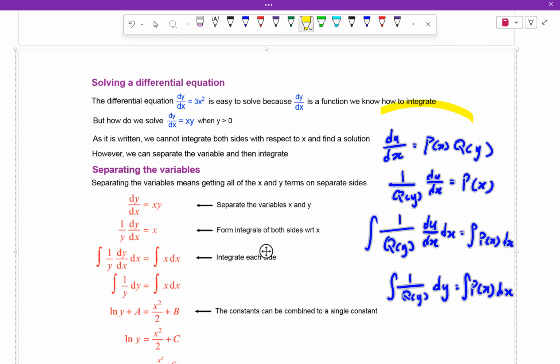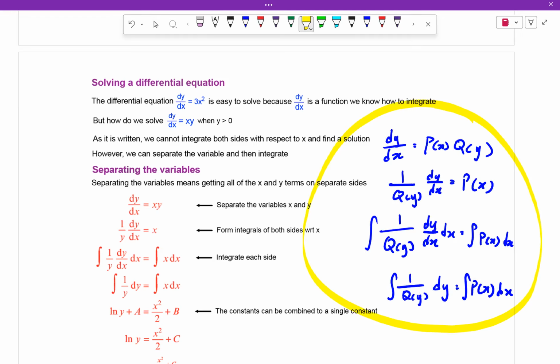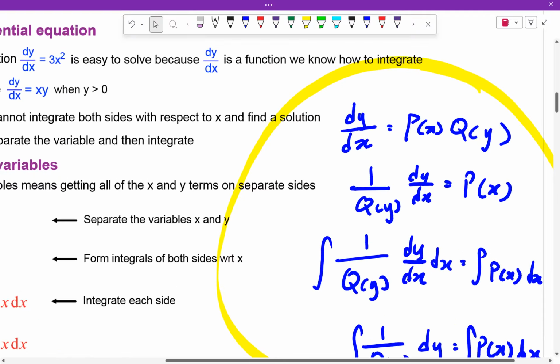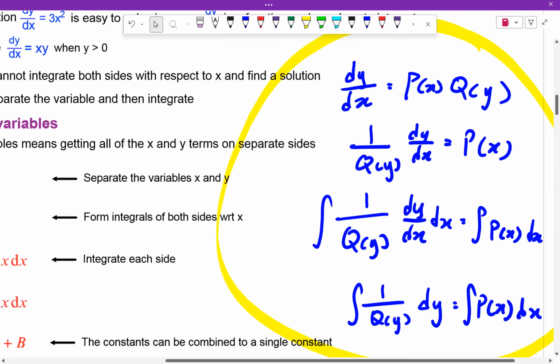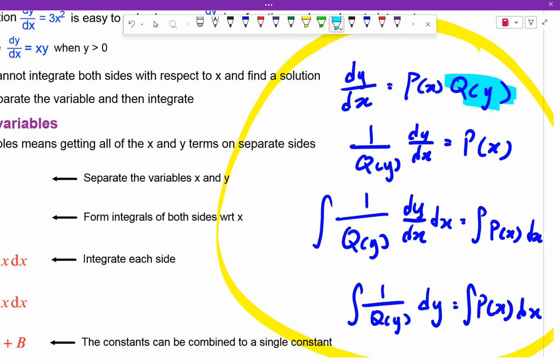Now, there is a general equation that I have formed over here. What it is trying to demonstrate is that we have dy over dx equals to p(x) function q(y) function. In order to solve for y, we need to follow the procedure such that I first move my y part to the left side, then I do integration with respect to dx on both sides.